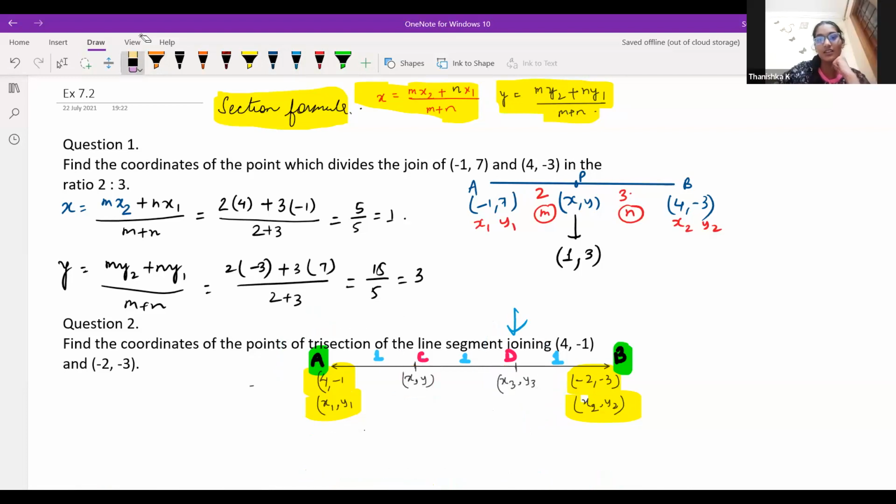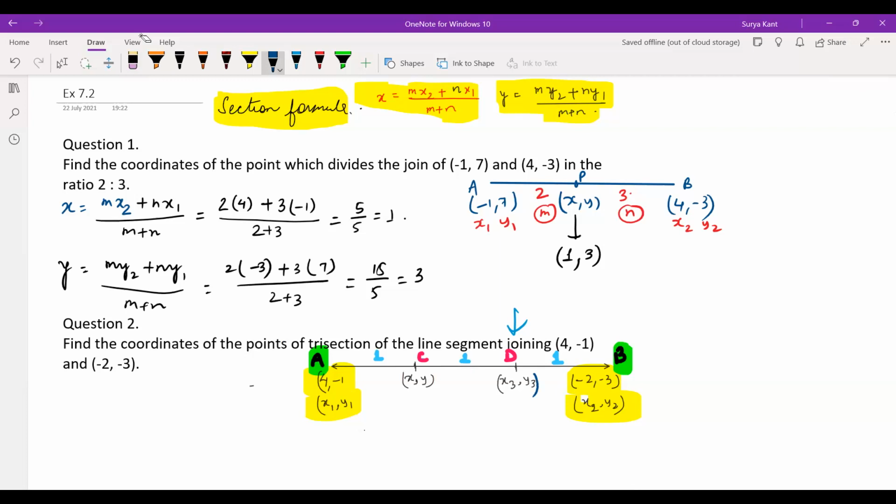C. Okay. Now see, C is equal to, I'll take this as 2, this is 1 and this is 2. So x is equal to 1 into -2 plus 2 into 4, sorry, m x2, right? 4, correct? Divided by 1 plus 2, that is 3. So here you got 8 minus 2, 6 by 3, that is 2.